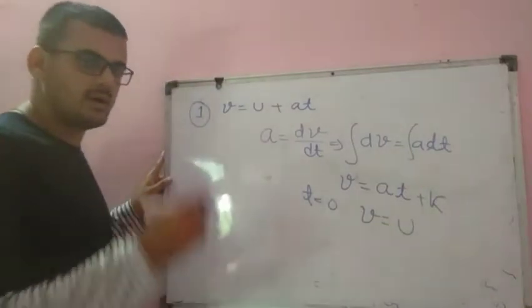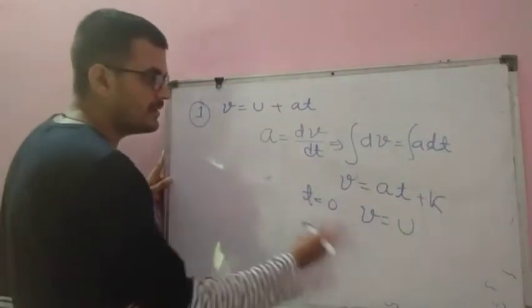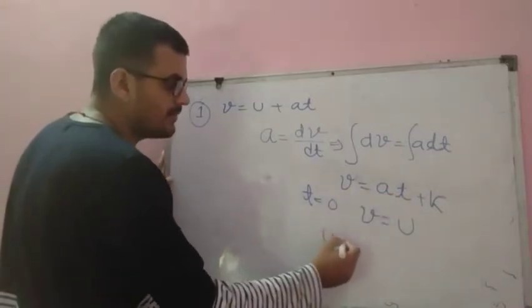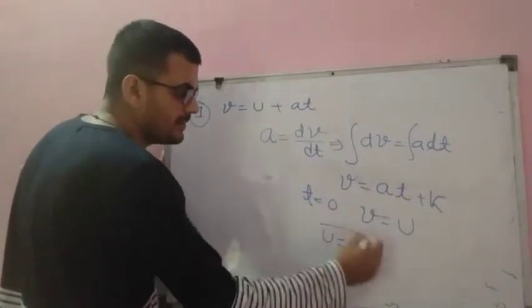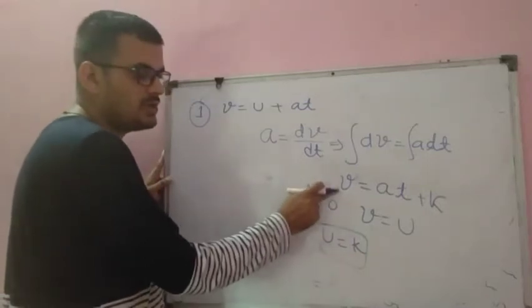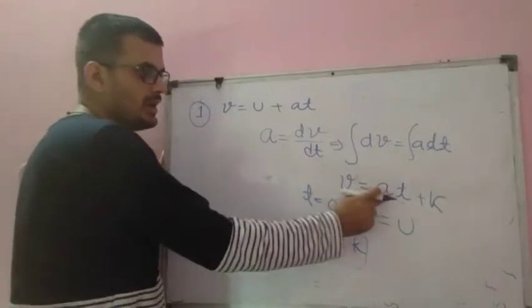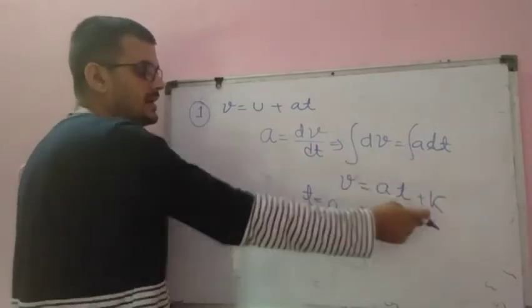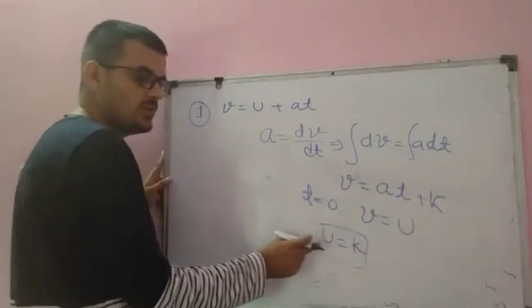When we put t equal to 0, v becomes u, so the value of k becomes u. In place of v you put u, in place of t you put 0, so we get k equal to u.